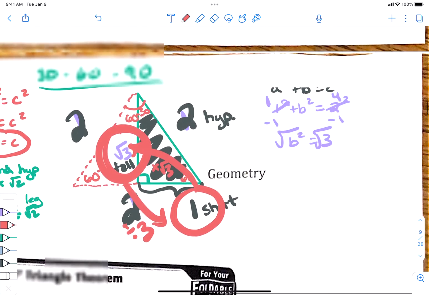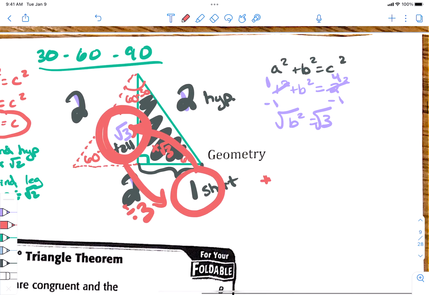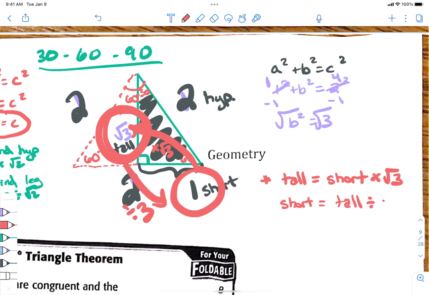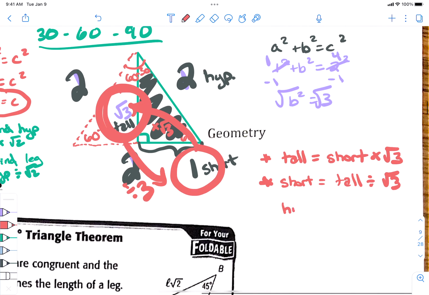I'm going to say tall side equals the short side times the square root of 3. Your short side equals the tall side divided by the square root of 3. Okay? Now let's talk about the hypotenuse side. What can we say about the hypotenuse side?